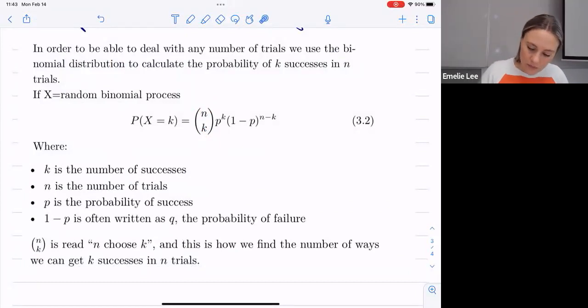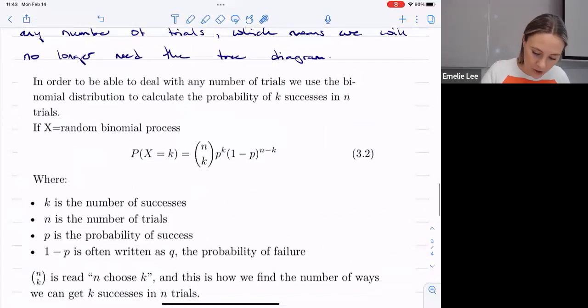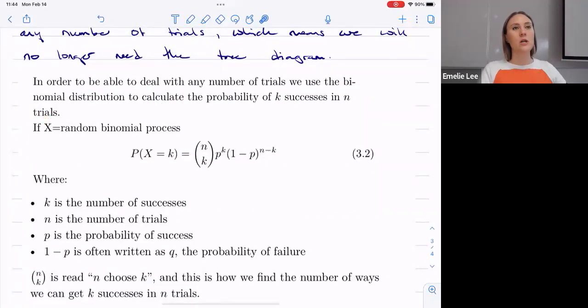So, the binomial function. In order to be able to deal with any number of trials, we use the binomial distribution to calculate the probability of k successes in n trials, right? So we talked about k equals 1 success, so exactly 1 shot going in 3 trials. Now we can talk about 4 successes in 20 trials, for example.